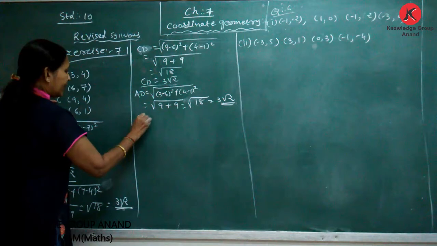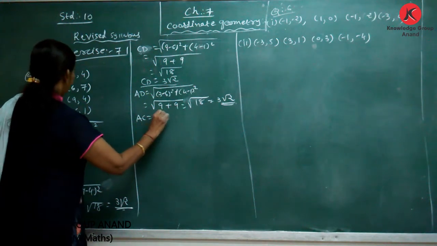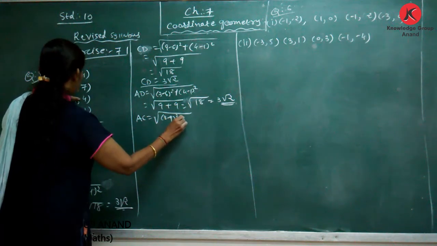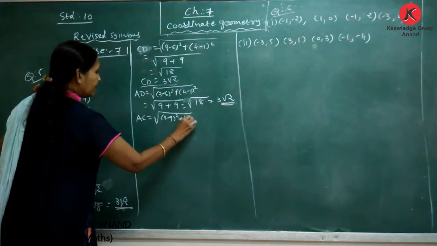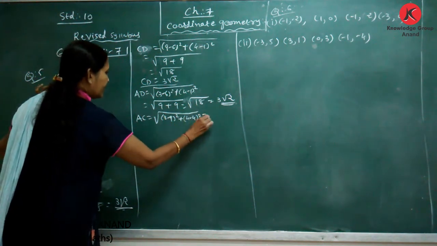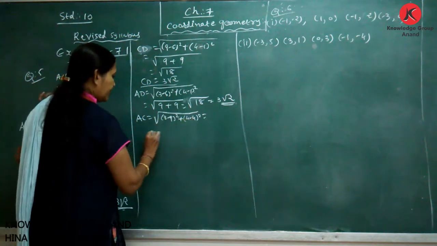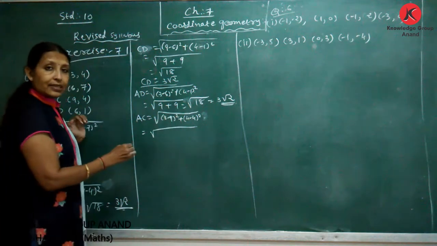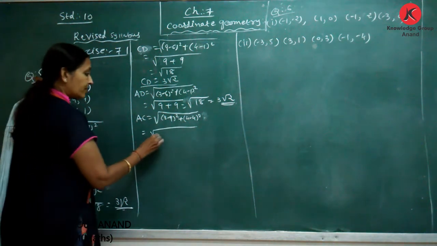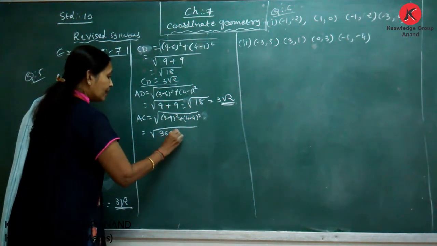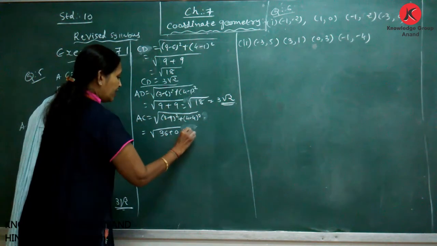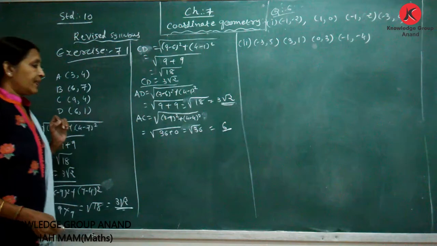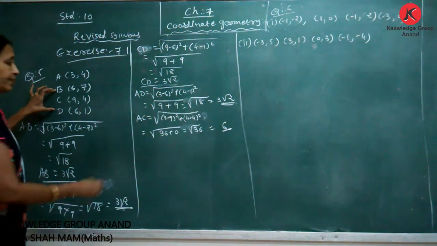Take AC. AC is equal to root of (3 minus 9) square plus (4 minus 4) square, equals minus 6 square, which is 36 plus 0, equals root 36, equals 6. Now we find BD.